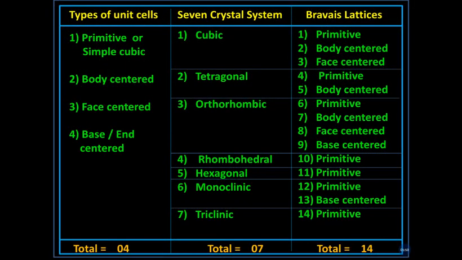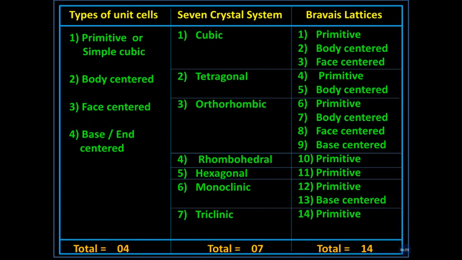In this table, unit cells, crystal systems and the Bravais lattices are summarized in tabular form. In the first column, types of unit cells are given. There are 4 types of unit cell, that is the primitive, body-centered, face-centered and the base-centered. In the second column, the 7 crystal systems are there: cubic, tetragonal, orthorhombic, rhombohedral, hexagonal, monoclinic and triclinic.